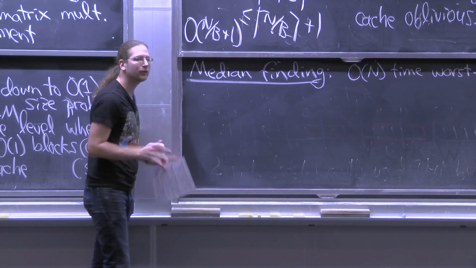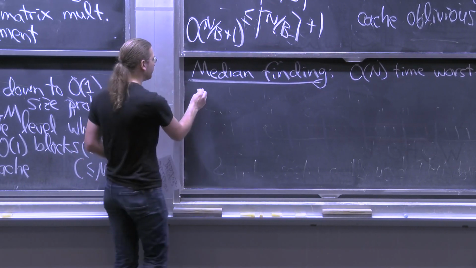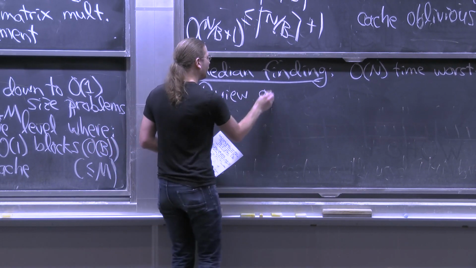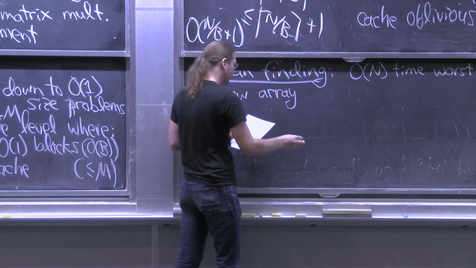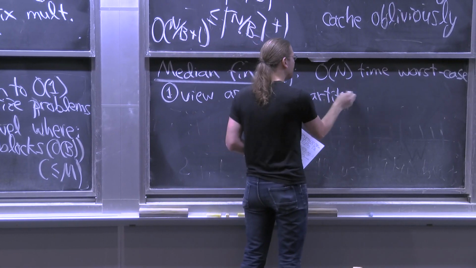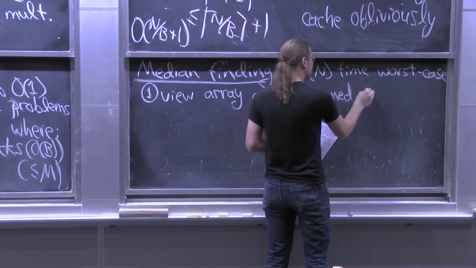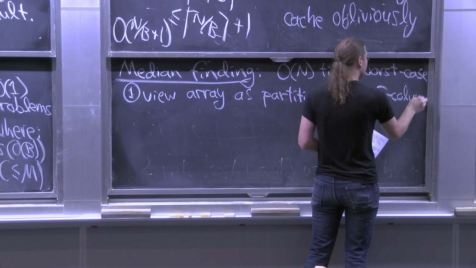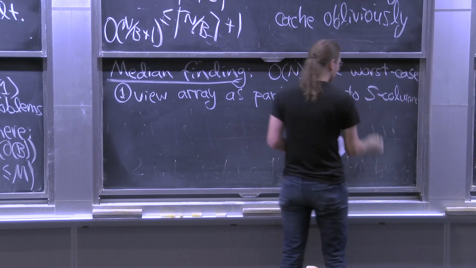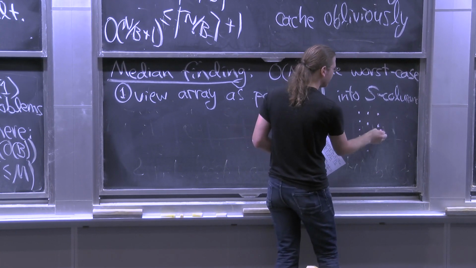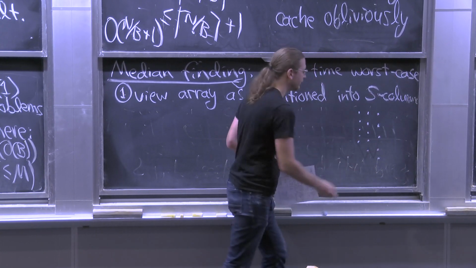Okay, it turns out basically the same algorithm works. First, you've got to remember the algorithm. So let me write it down quickly. This is the sort of 5 by n array. So think of the array as being partitioned into, I'll call them 5 columns. Right, so this was this picture of 5 dots by n over 5 dots.